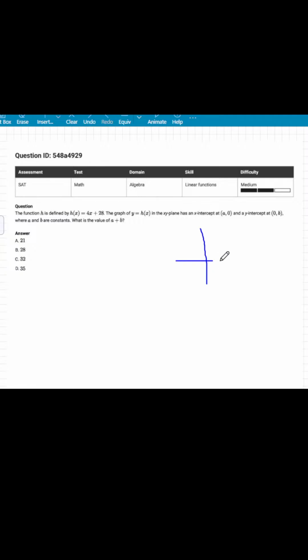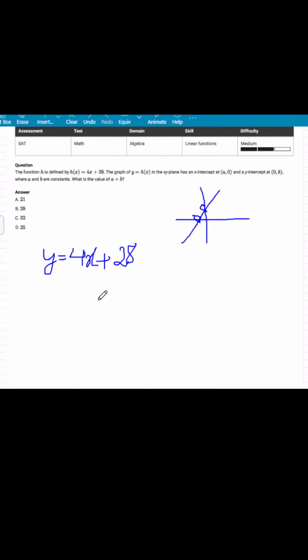So this is something like this. We have a comma 0 and 0 comma b, these 2 points. We have to find what a and b are. Since these 2 points are present on the line, they satisfy the equation of this line. The equation is y equal to 4x plus 28. So let us put these points in the equation.